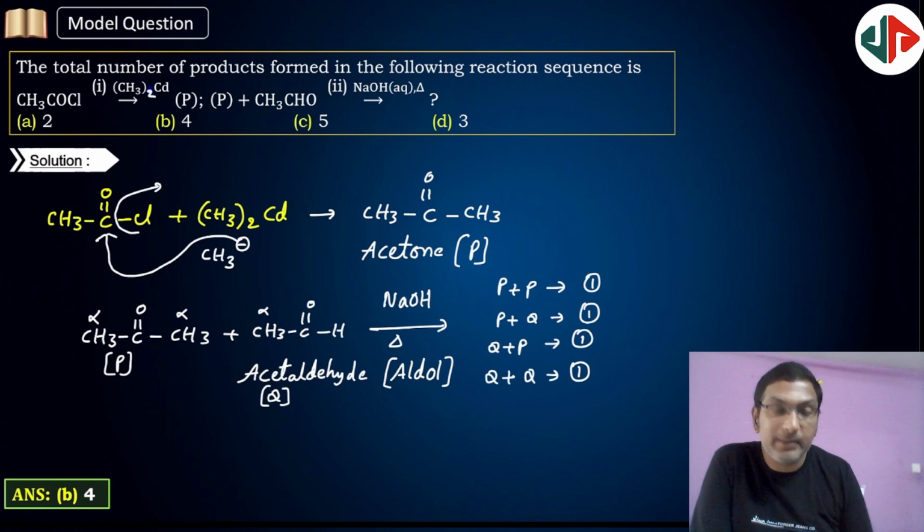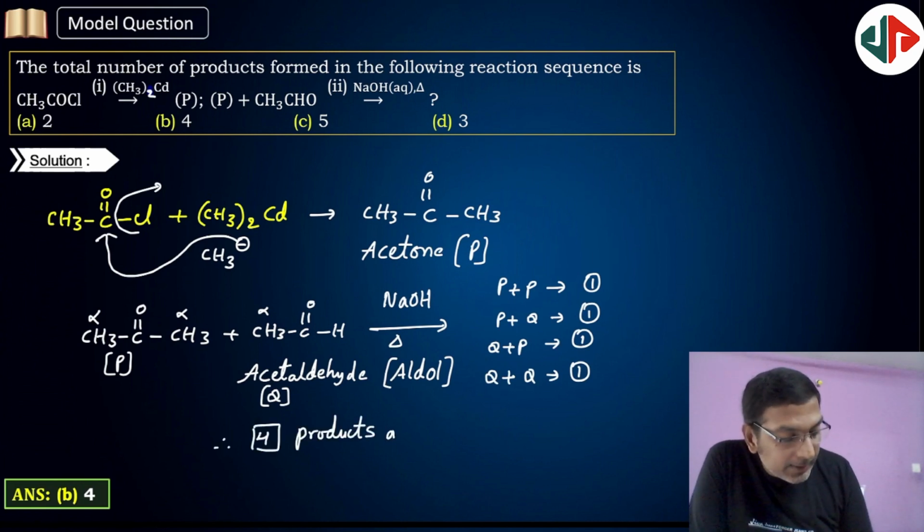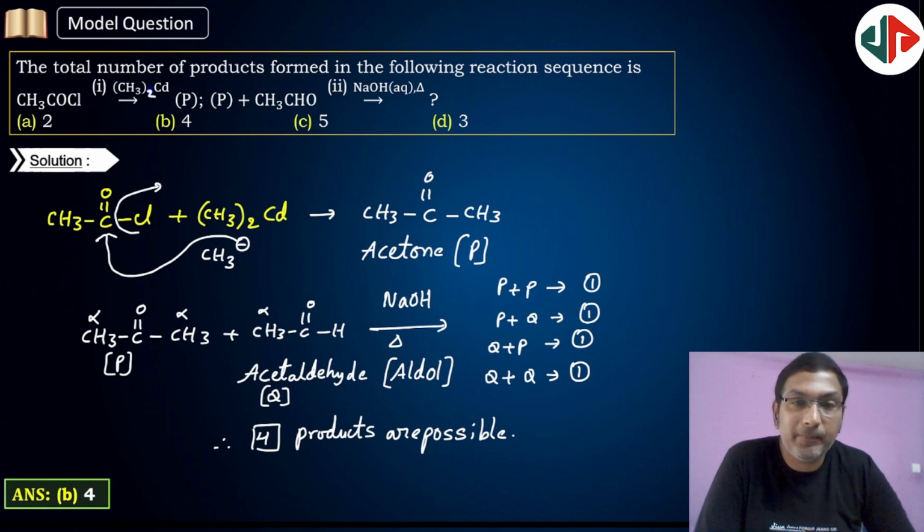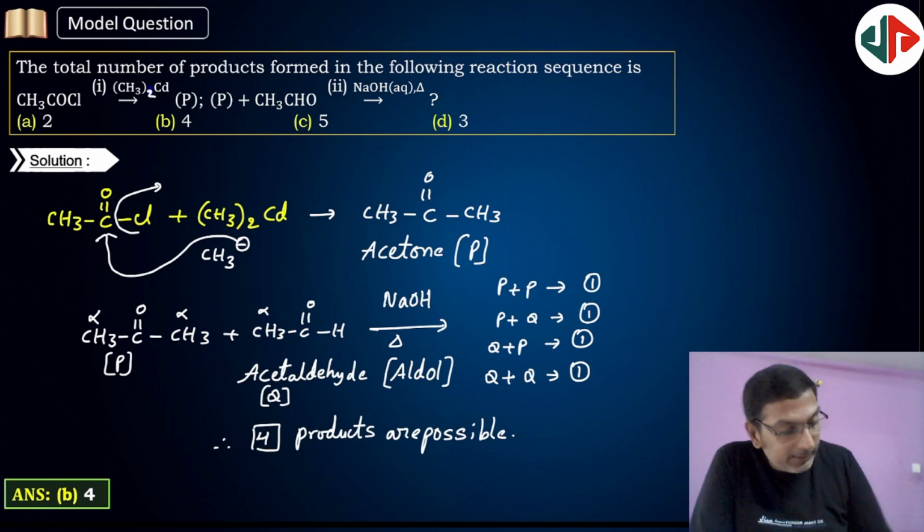Total four products are possible, based on mechanism. First we have to remove alpha hydrogen. Alpha hydrogen will be eliminated from either P or Q. Therefore, four possibilities. Therefore, option B.